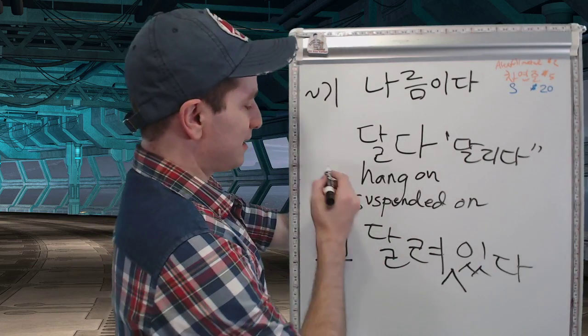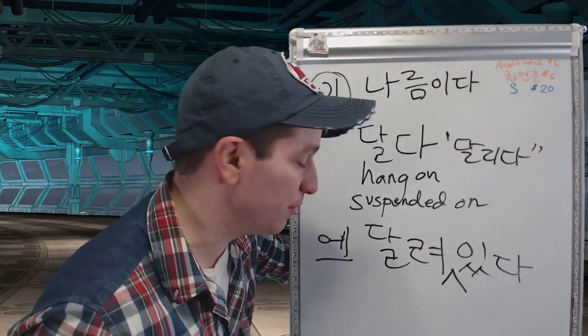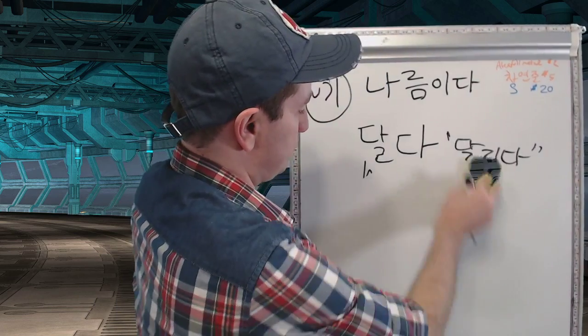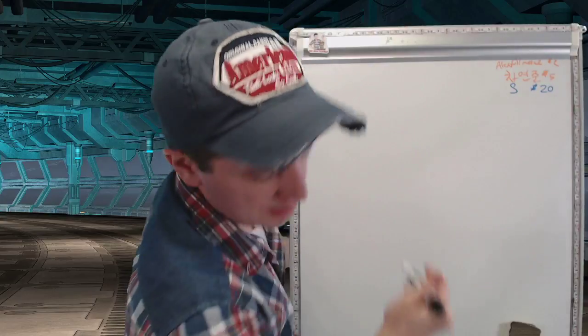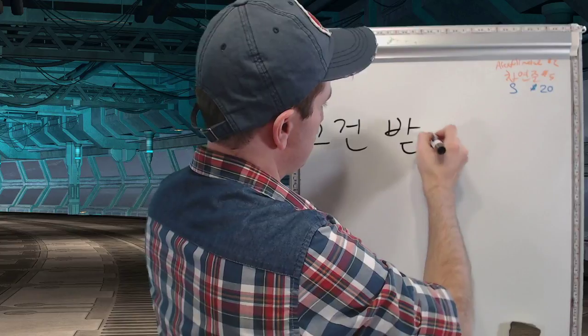Just like 나름이다, it's also used with this 기 ending after an action verb. So let me give you an example of that. Let's just redo our previous example. That way, maybe it'll make a little more sense.